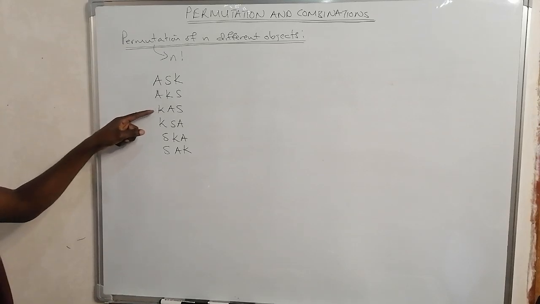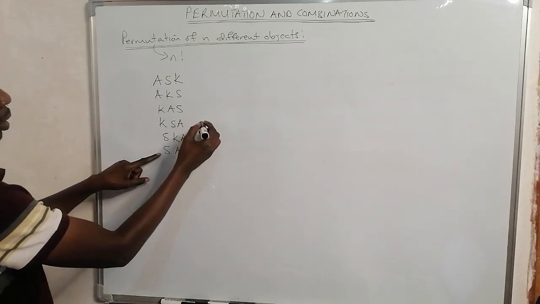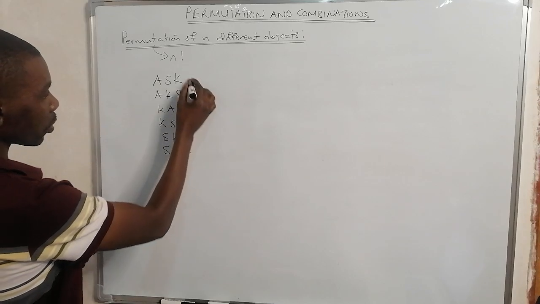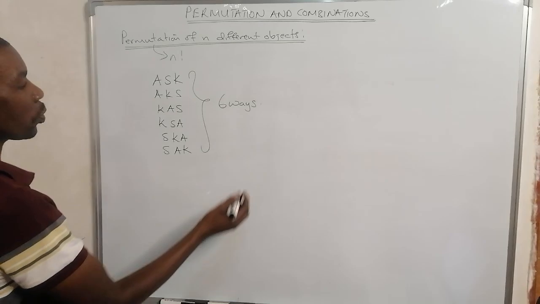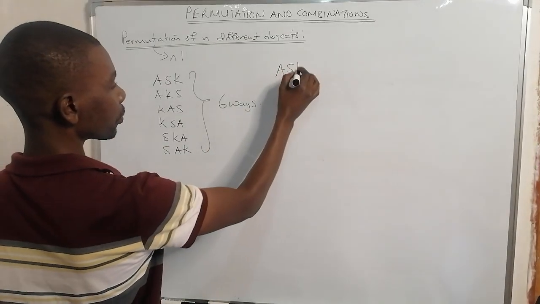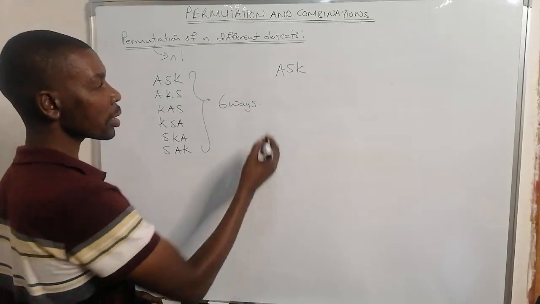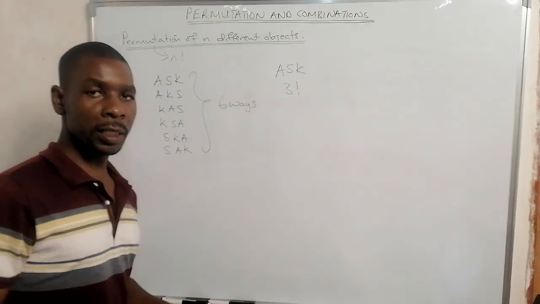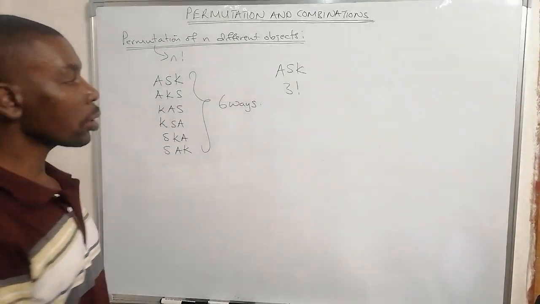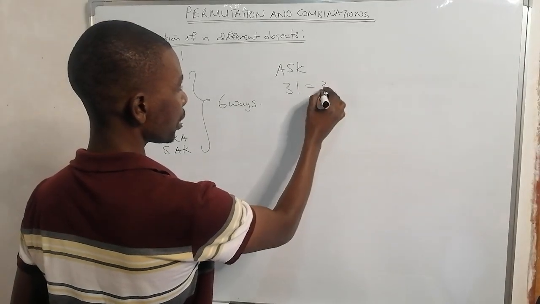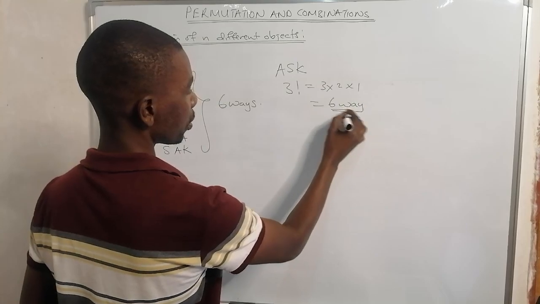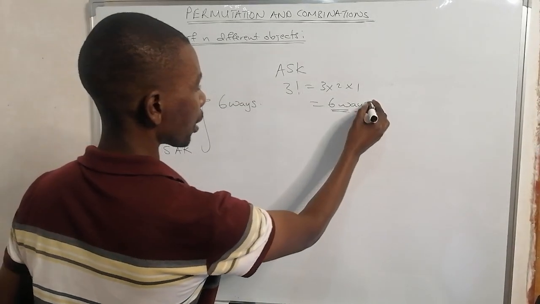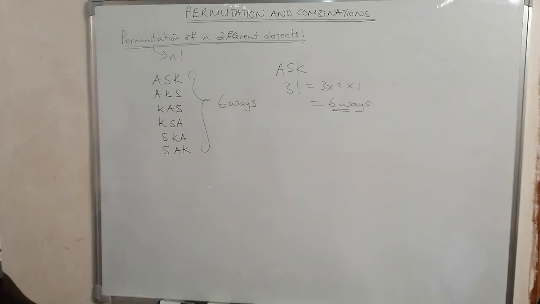We have 1, 2, 3, 4, 5, 6 ways. So what are we saying? We can say ASK can be written in how many ways? In 3 factorial ways, in n factorial ways, which is 3 times 2 times 1, which is 6 ways. This is the short method of writing the word ASK in different ways.